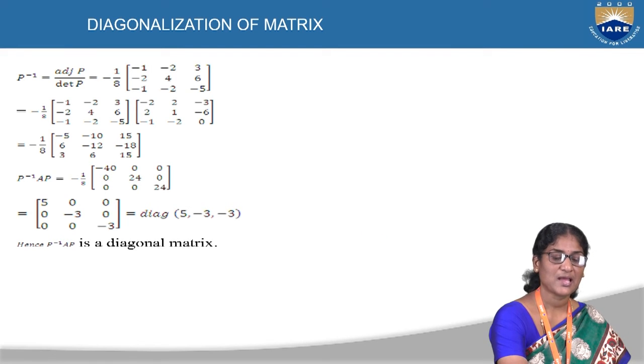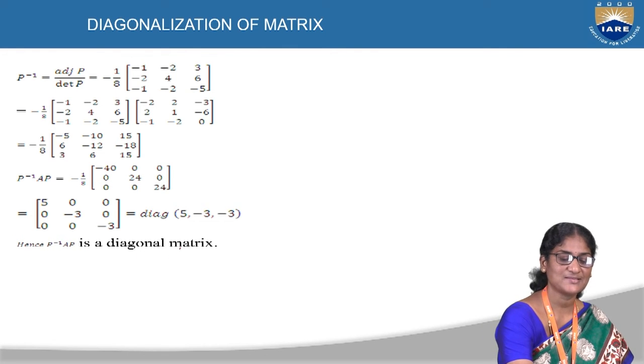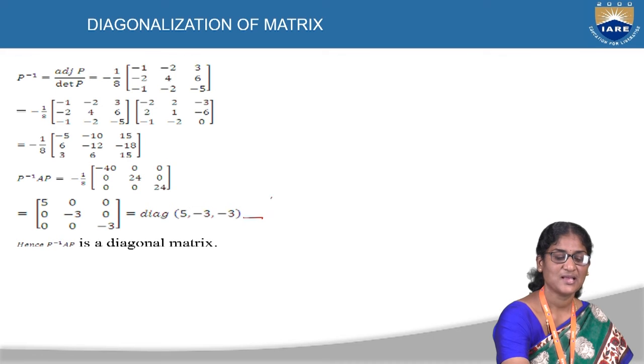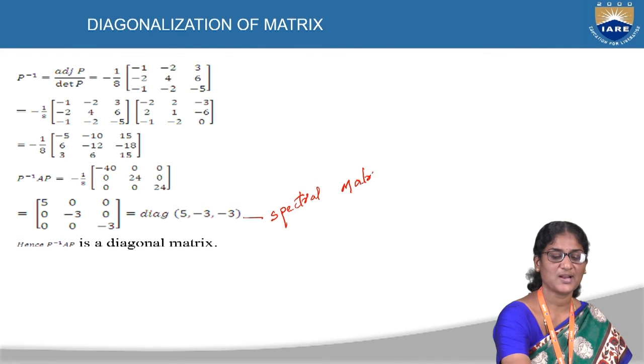So the diagonalization of the matrix is diagonal of 5, -3, -3. Hence P inverse AP is a diagonal matrix, and this diagonal matrix is called a spectral matrix. This is how we find the diagonalization of the matrix.